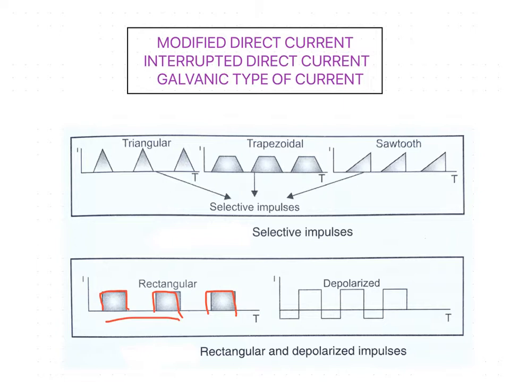One is triangular, trapezoidal, and sawtooth type of impulses. These are called selective impulses.